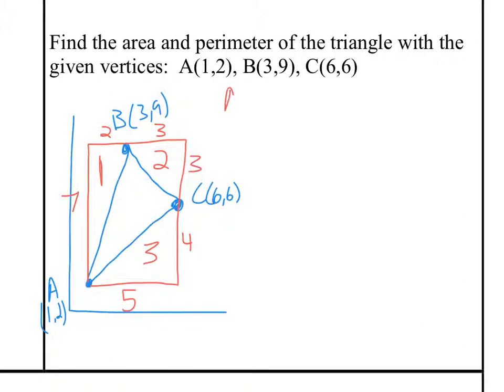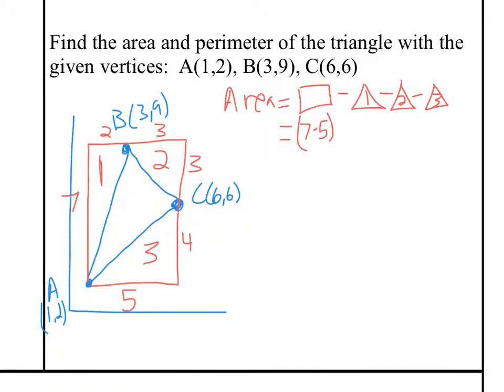So area would be the rectangle minus triangle 1 minus triangle 2 minus triangle 3, which would be 7 times 5 for the rectangle, minus for triangle 1 it would be 2 times 7 over 2, minus for triangle 2 it would be 3 times 3 over 2, minus for triangle 3 it would be 4 times 5 over 2.